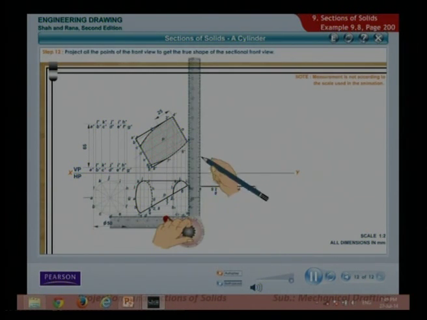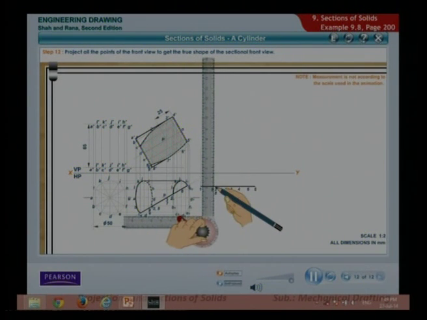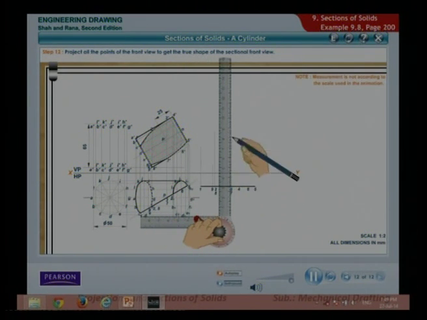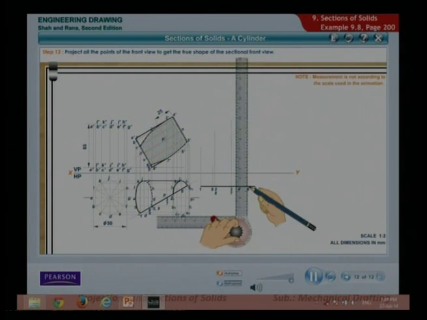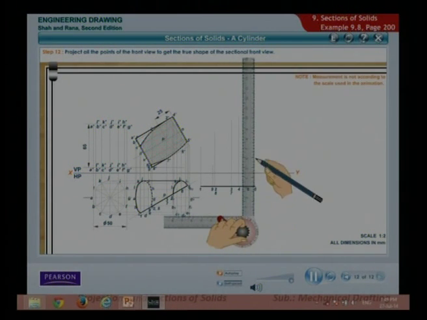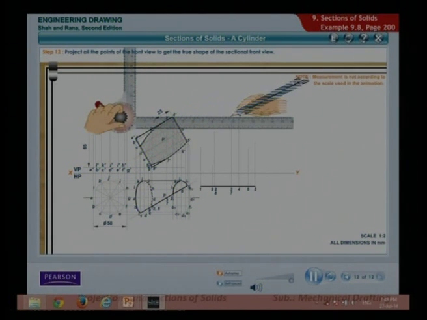Project all the points of the front view to get the true shape of the sectional front view. Draw projection lines from 1 through 9 from the cutting plane and also from 1 dash through 9 dash in the front view.